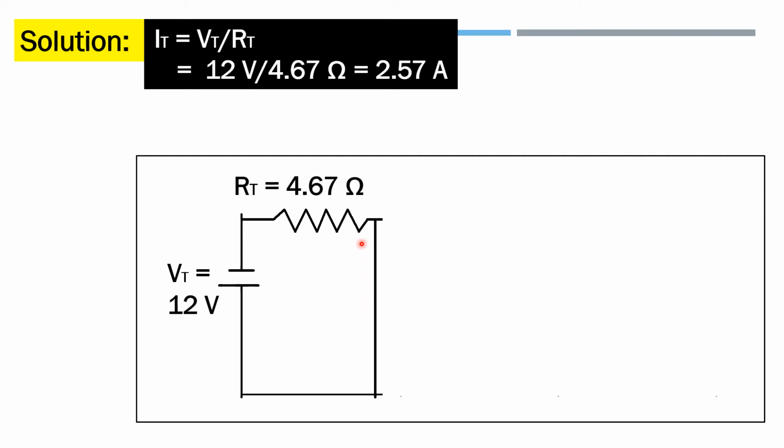When it passes through this resistor that represents the total resistance, the current through this resistor, we say, is equal to 2.57 amperes. So that is how we visualize the flow of charge, considered a positive charge, and not the flow of electrons.